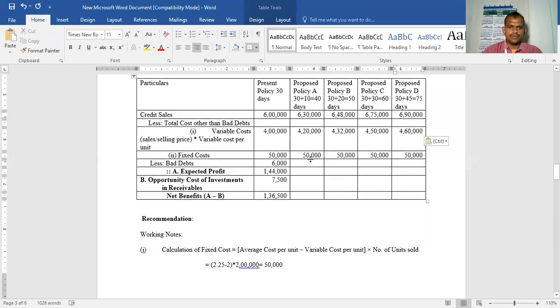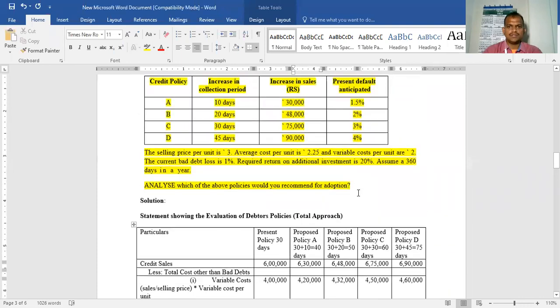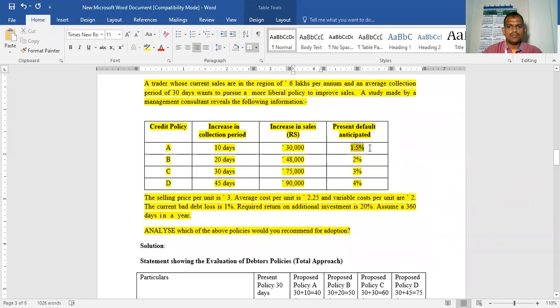So we already have fixed cost. Now bad debt percentage. For policy A, 1.5 percentage on sales.